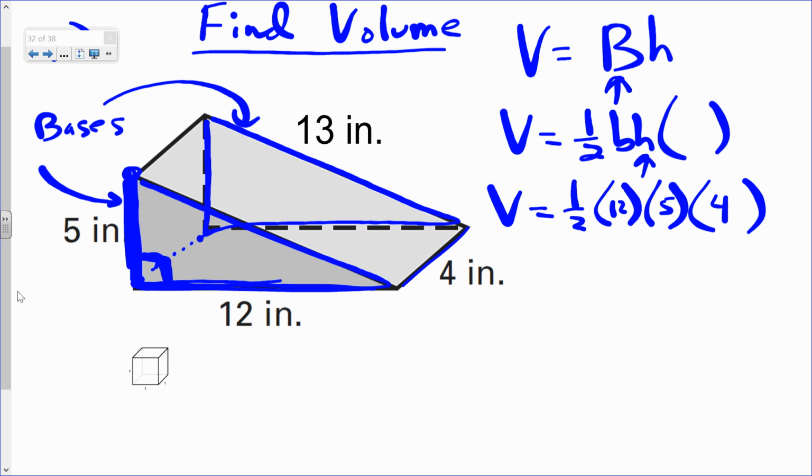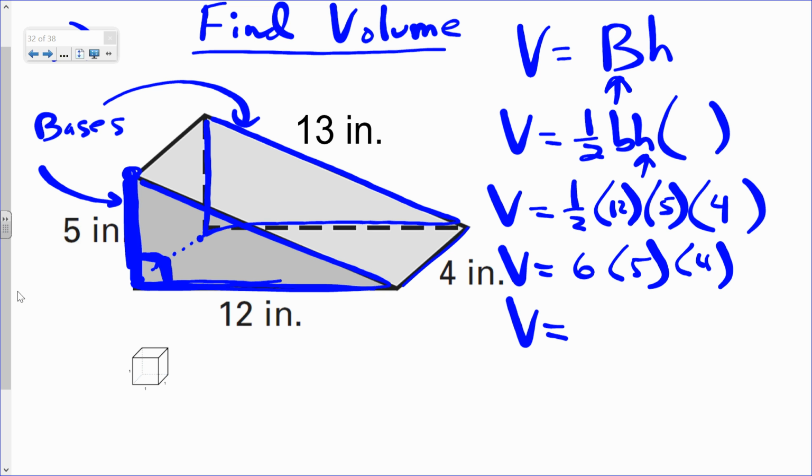The rest is just arithmetic. One half times 12 is 6, times 5, times 4. 30 times 4 is 120. Hey, the same answer. It's trippy. 120, beautiful. Cubic inches.